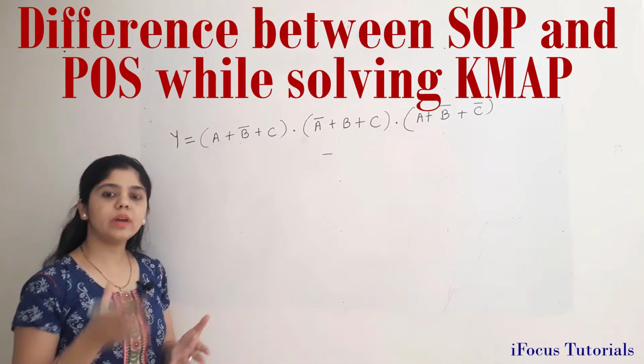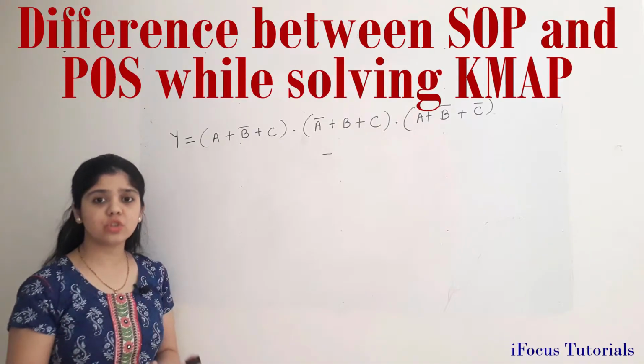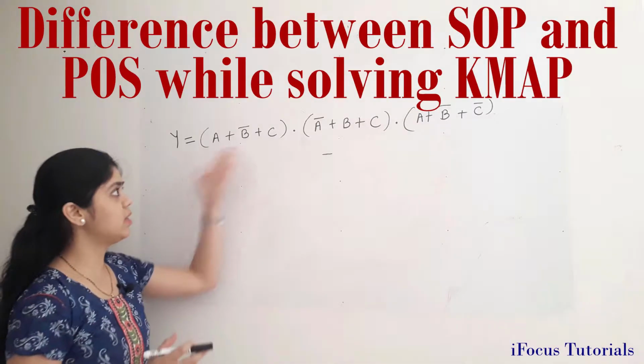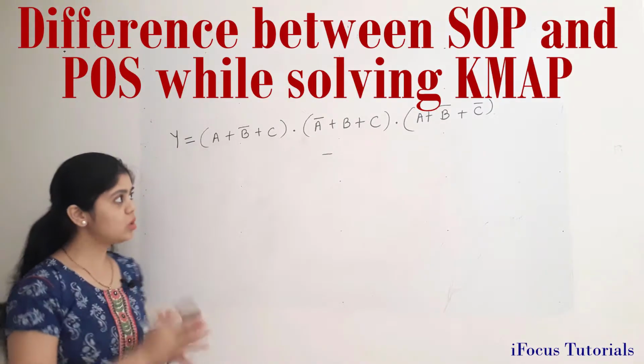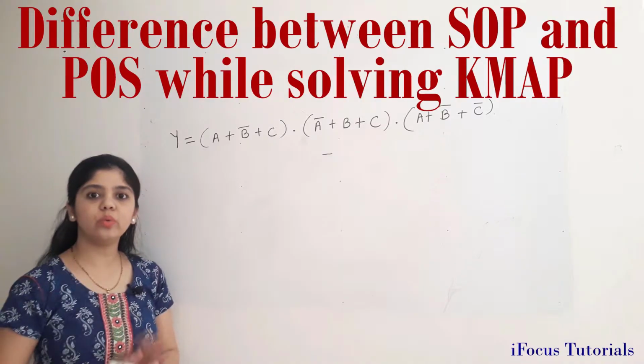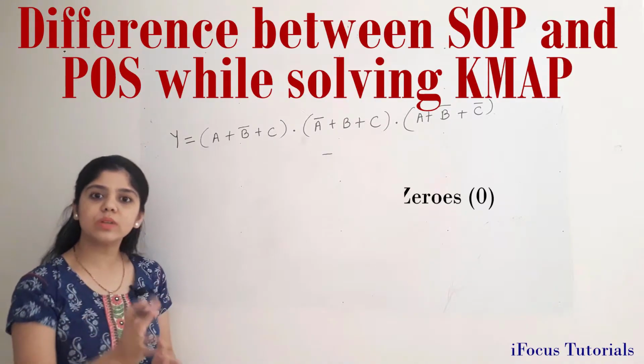When we were solving the KMAP for SOP expression, we were filling these terms as a 1 in our respective box numbers. Now in POS, we are going to fill the boxes with zeros.